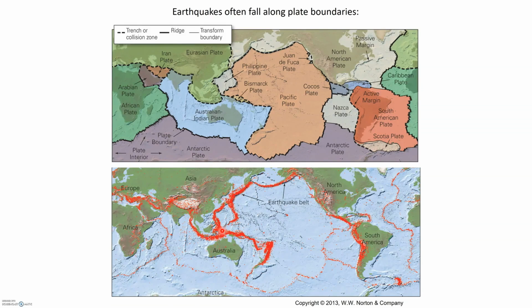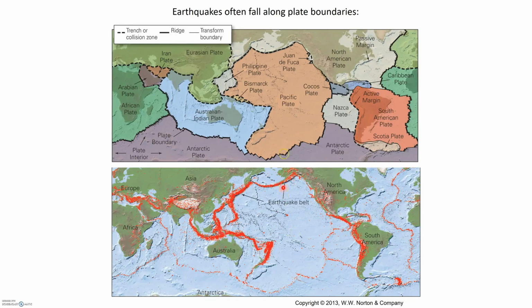There's just so much mass, so much friction that they stick for a little while. They build up potential energy, and eventually they're going to surpass the capacity of the rock to withstand that pressure or that force, and the rocks are going to jump and move past each other. And whenever that happens, that release of energy is what we call an earthquake.